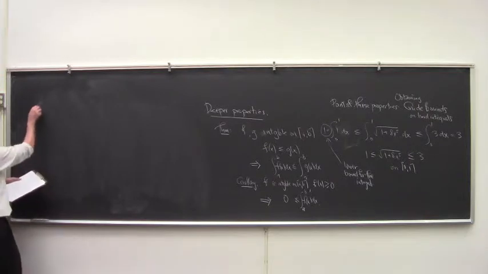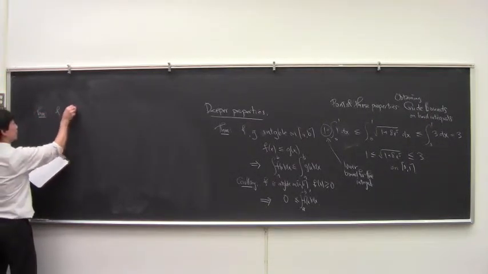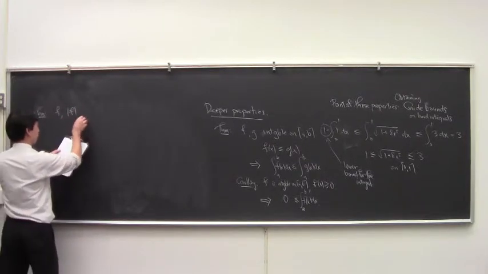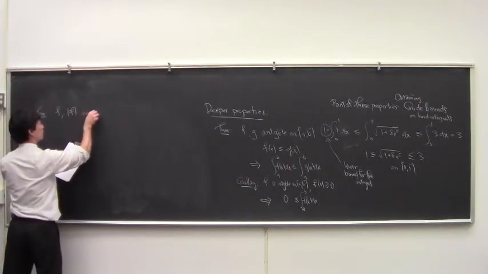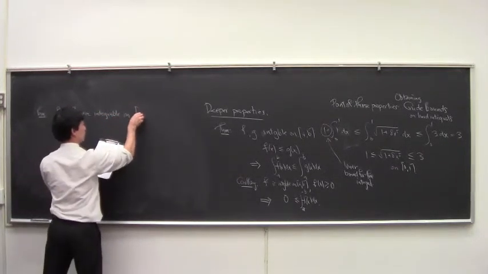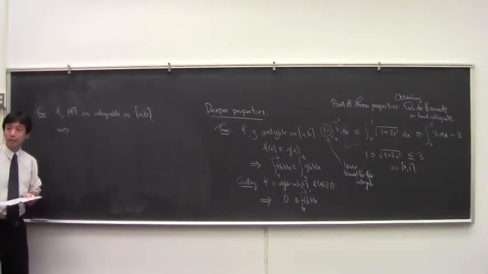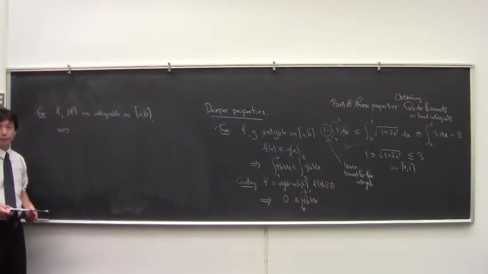The next property is this. Suppose you have a function for which f and the absolute value of f are both integrable on some interval. Then, can anyone guess the conclusion?